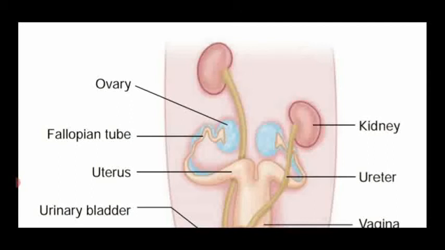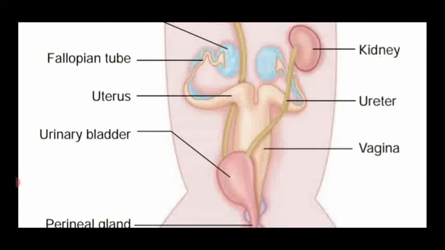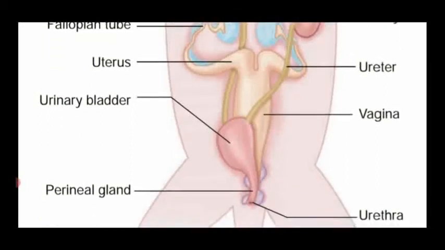Then both the uteruses are joined together to form a further common tube called the vagina. The vagina and the urinary bladder, which are joined together, lead into a small canal or path called the urinogenital canal or vestibule.